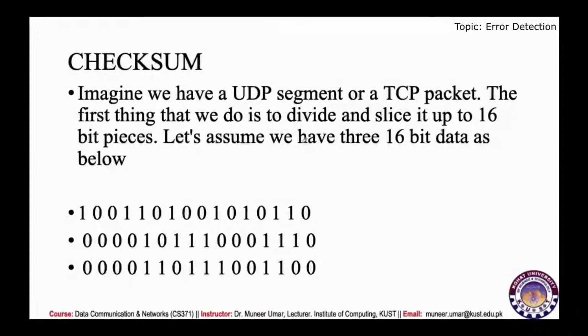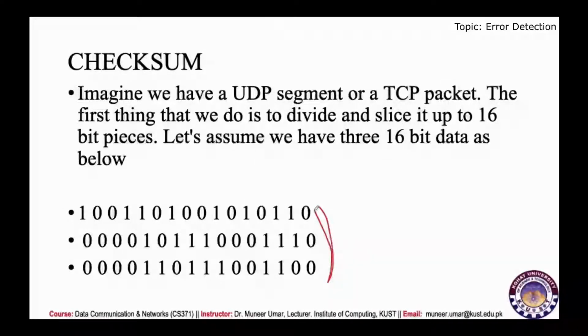Imagine we have a UDP segment or a TCP packet. The first thing that we do is to divide and slice it up into 16-bit pieces. So here, let's say we have 48 bits, so we must divide it into 3 parts, each having 16 bits. Now these are 48 bits, 16 plus 16 plus 16, and the sender needs to send this data.